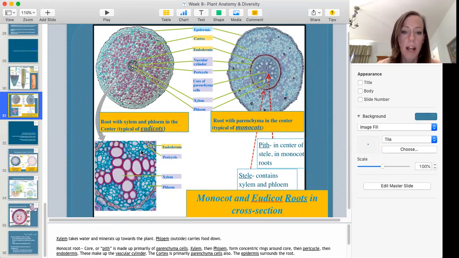So xylem, and then the phloem is actually in the arms, within like the nooks of the arms of the xylem. So phloem here, xylem here. And then you again have your layer of pericycle and your layer of endodermis that make up your vascular cylinder. Then a lot of cortex made up of parenchyma cells and epidermis on the outside.